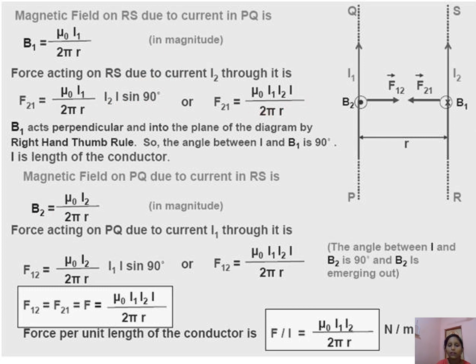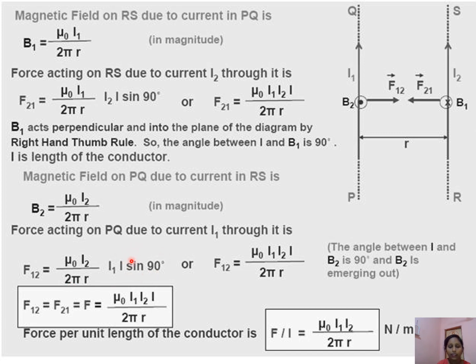In a similar manner, we can calculate the magnetic field on the first wire due to the second wire, that is B2 is equal to mu naught I2 divided by 2 pi r. This is out of the plane, so it is written as a dot, and this is into the plane, so it is written as a cross. So the force on the first wire due to the current I1 because of the magnetic field of the second wire, the equation comes F12 is equal to mu naught I2 divided by 2 pi r, into I1 L sine 90 degree.